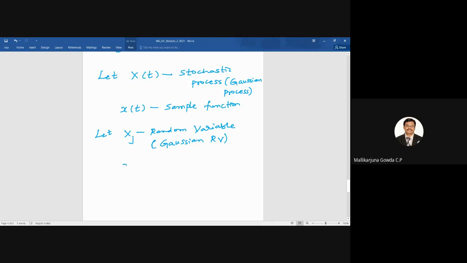In the same way, small xj is the sample value of the correlator outputs, a sample value of this random variable Xj.